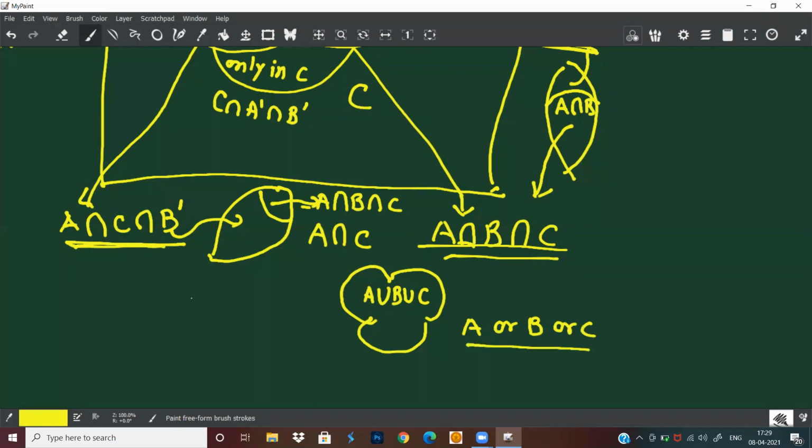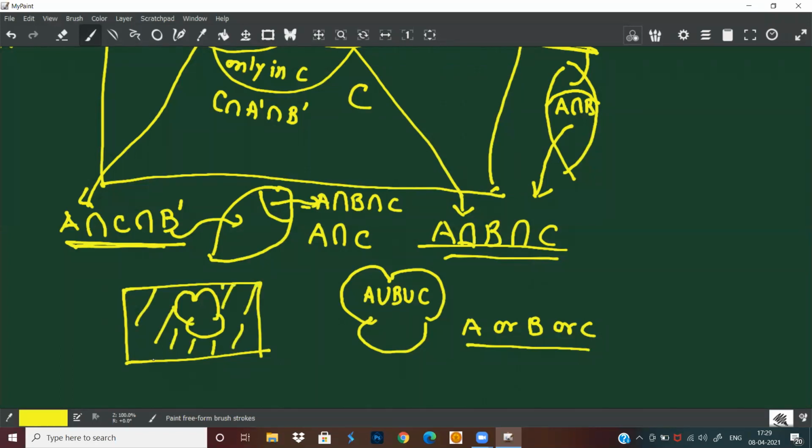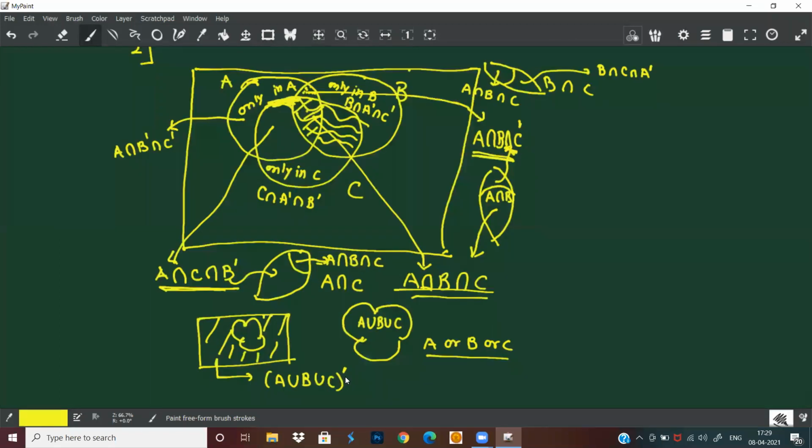This is A union B union C, correct? और ये जो बाहर का है, this is the complement of A union B union C. See. All of you are clear?